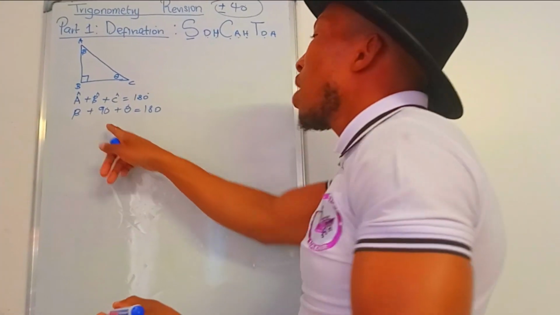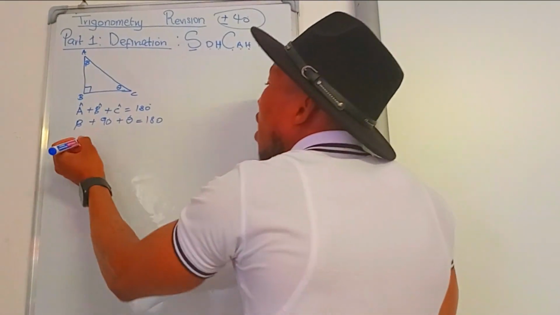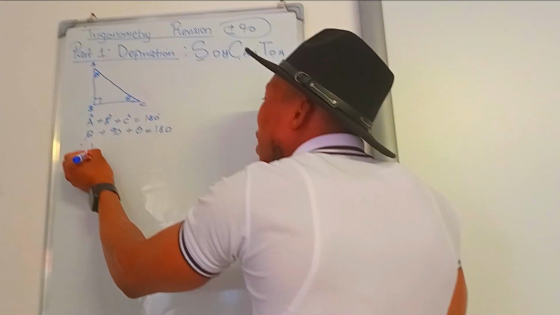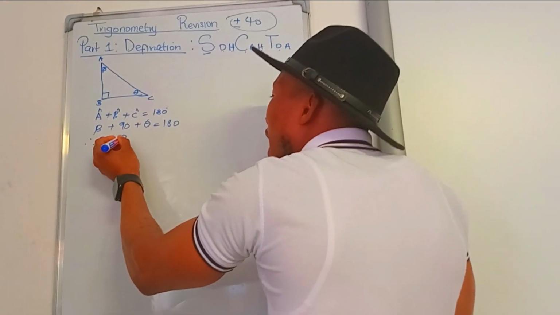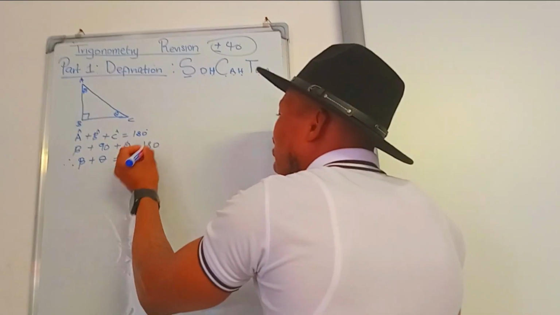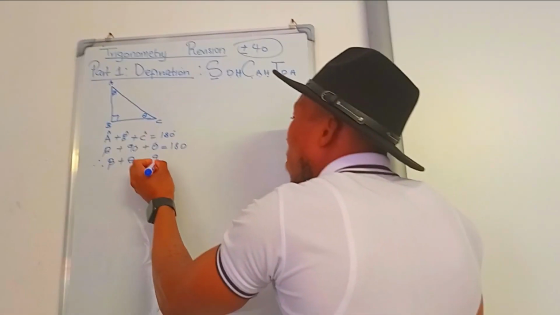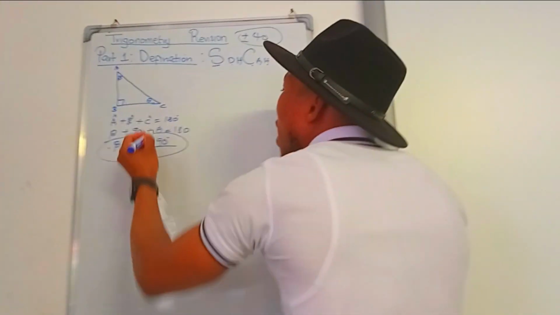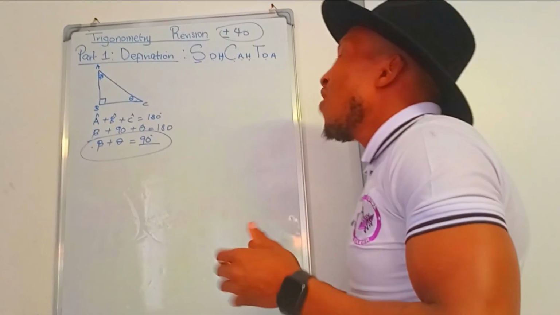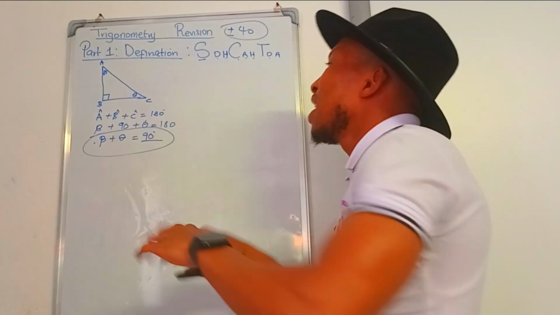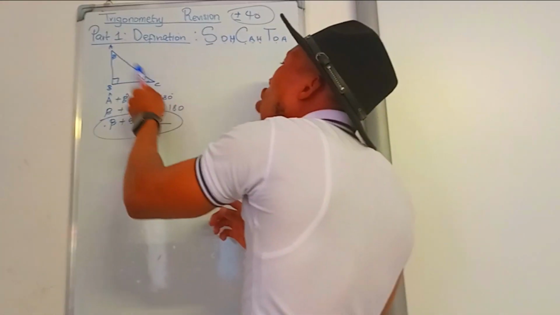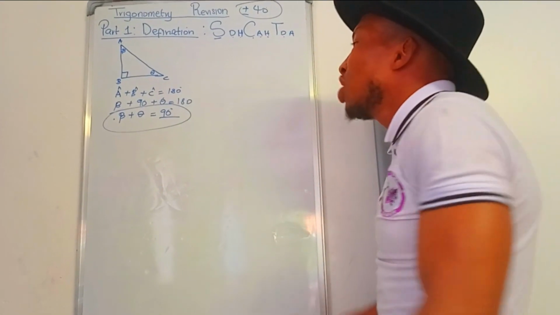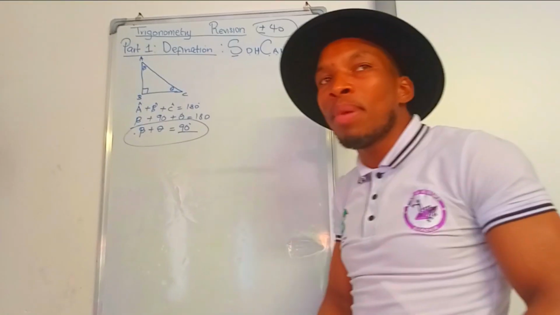Therefore, we come to the conclusion that the sum of angle beta plus angle theta is 180 minus 90, which is equal to 90 degrees. So this rule says that in a right angle triangle, the sum of these two angles is equal to 90 degrees. We call these two angles the complementary angles.